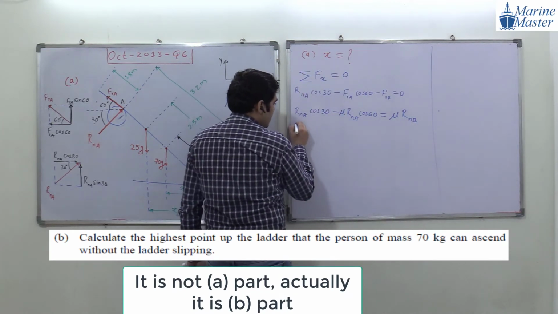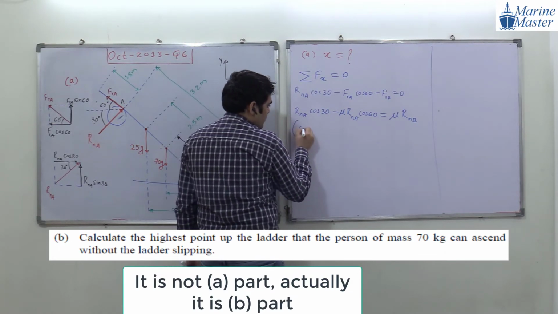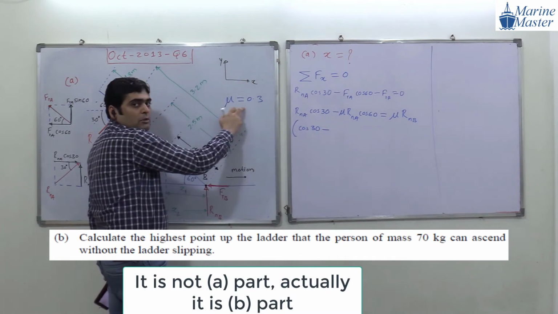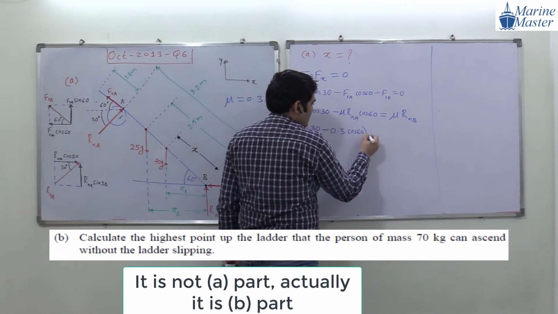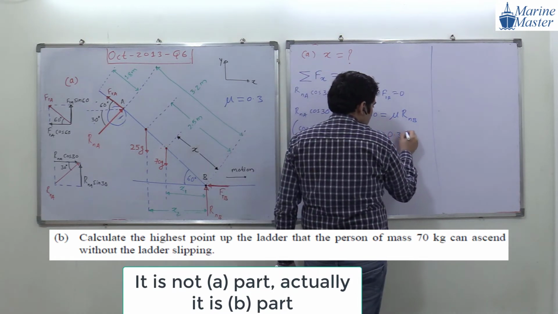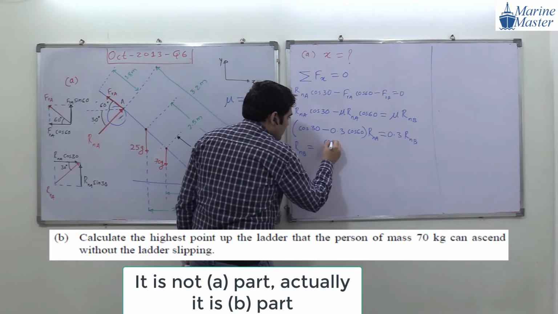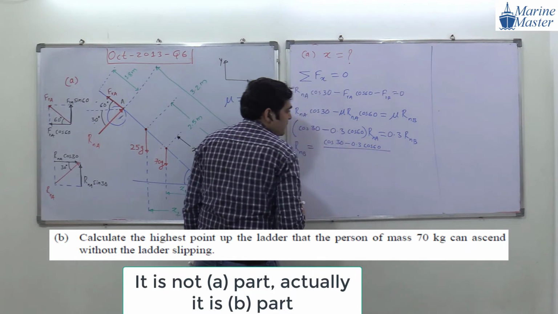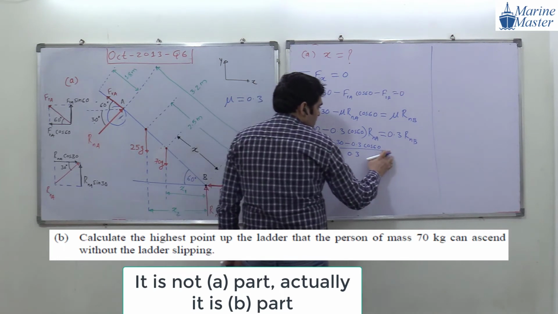I can take RNA common here, so inside the bracket cos 30 minus mu cos 60. Mu's value is 0.3. So RNA times (cos 30 minus 0.3 cos 60) is equal to 0.3 RNB. So RNB will be equal to (cos 30 minus 0.3 cos 60) divided by 0.3, times RNA.